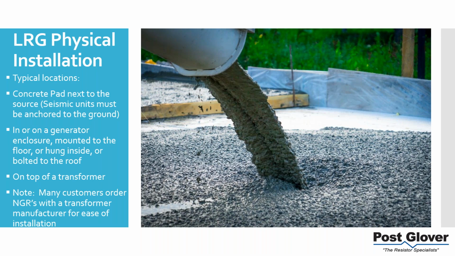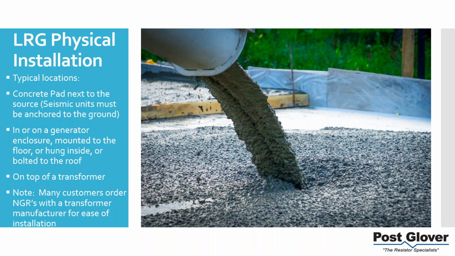Now, it may not matter if it's 100 feet of cable, but we don't want it to be a large amount of distance away. If you have to have it that way, it's not recommended, but you at the very least would have to consider the fact that you're adding resistance to the system, and your current values are going to be a little bit lower than you were anticipating. So you want to make sure you set your relays correctly.